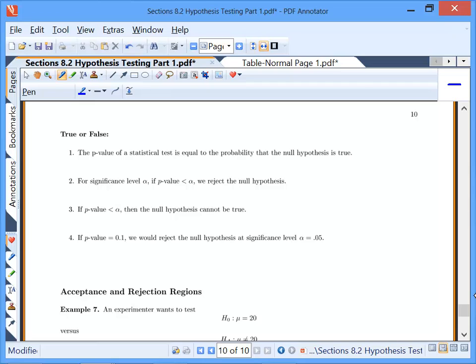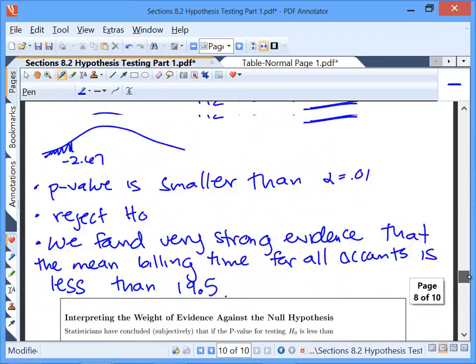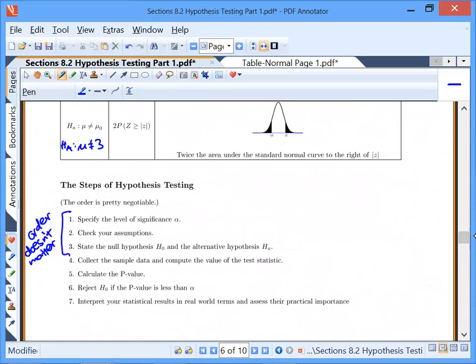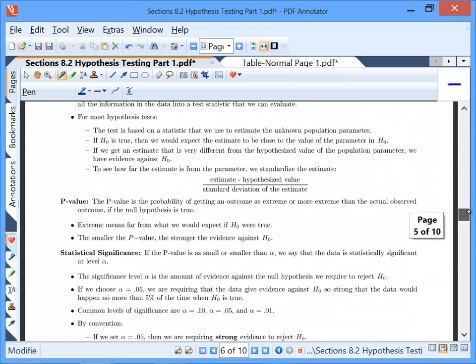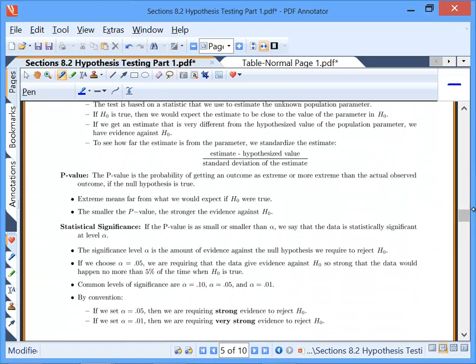You might have to look back in your previous pages to see what the definition of a p-value is. So flip back, see if you can find it. So the p-value is the probability of getting an outcome as extreme or more extreme than the actual observed outcome if the null hypothesis were true.